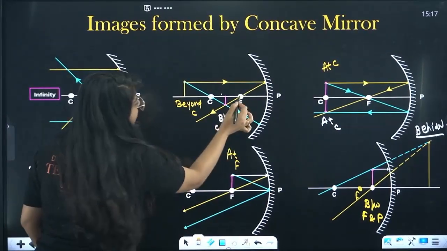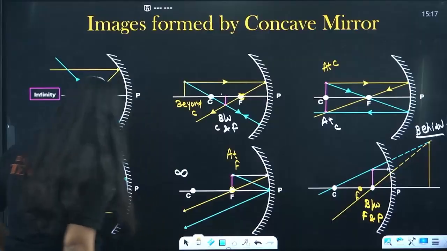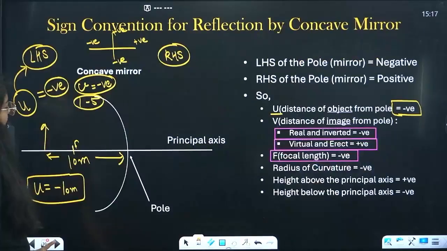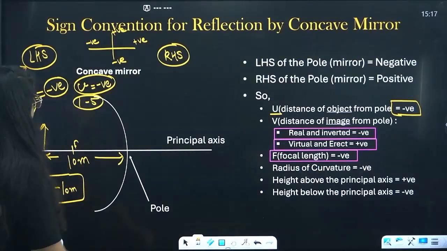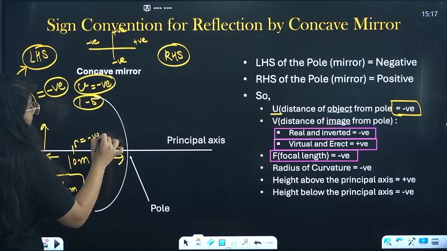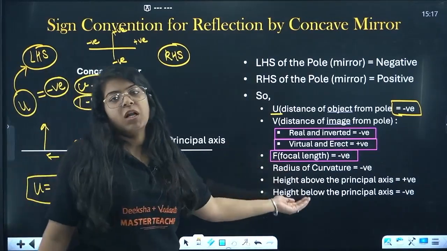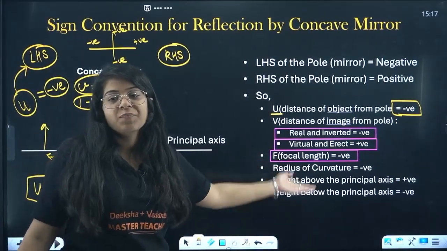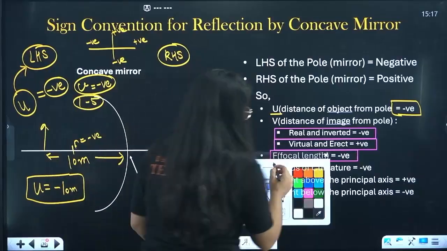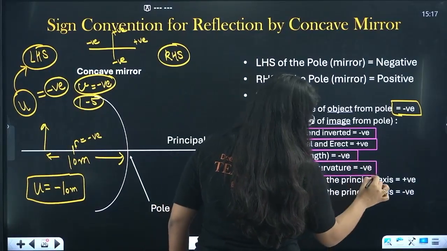Focal length will be negative and focal length is in the direction of the radius of curvature. So the radius of curvature will also be negative.